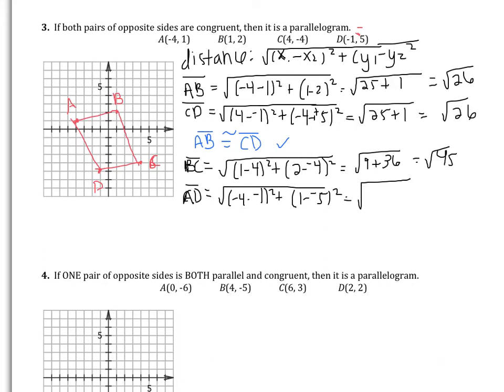So -4 subtract -1, that becomes -3. -3 squared is 9. 1 subtract -5 is 6. 6 squared is 36. So this also becomes the square root of 45, which is what we wanted. So this showed that BC is congruent to AD. So now we can say ABCD is a parallelogram because both pairs of opposite sides are congruent. So we need to write that.